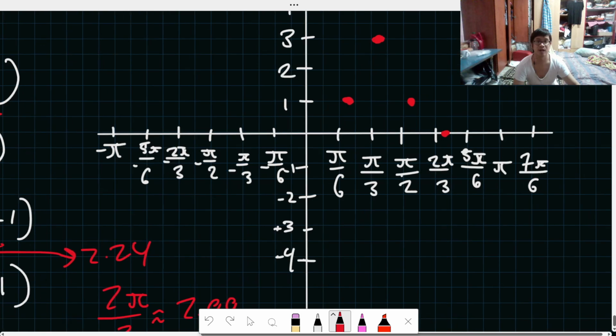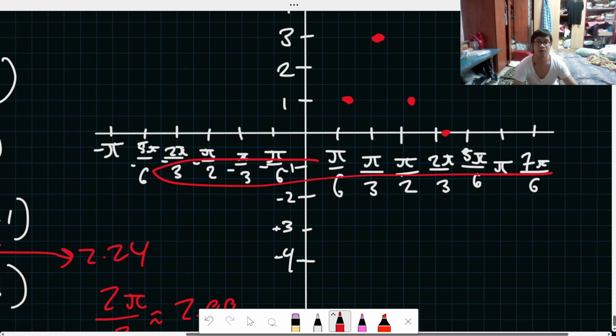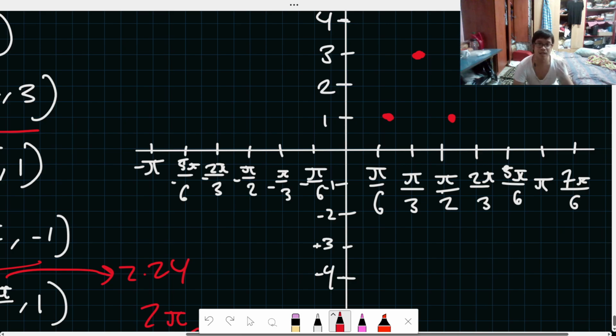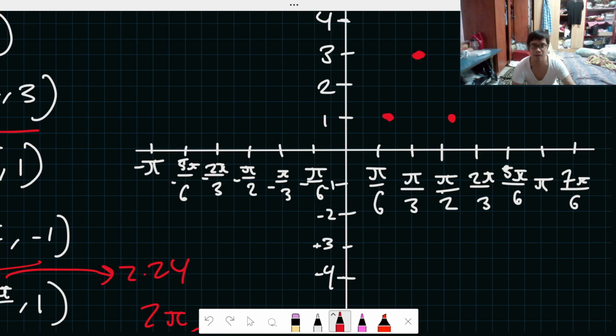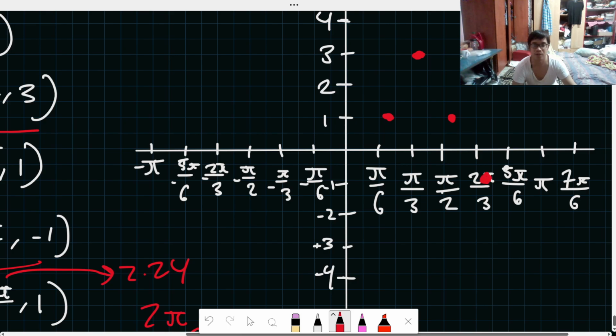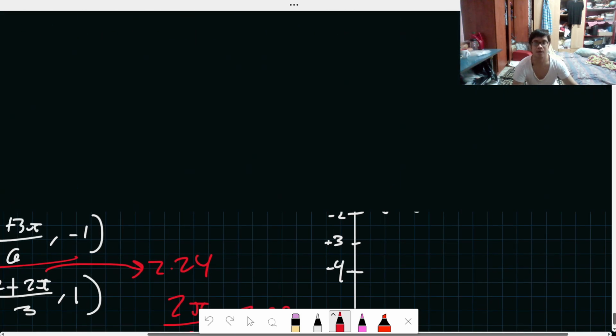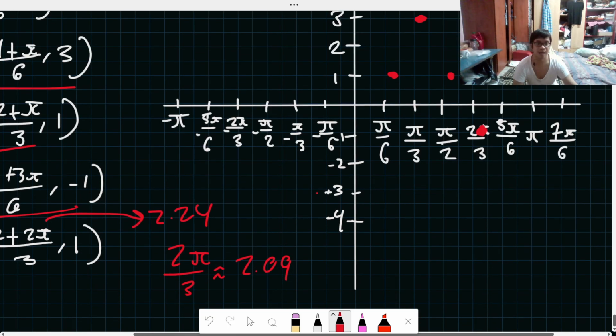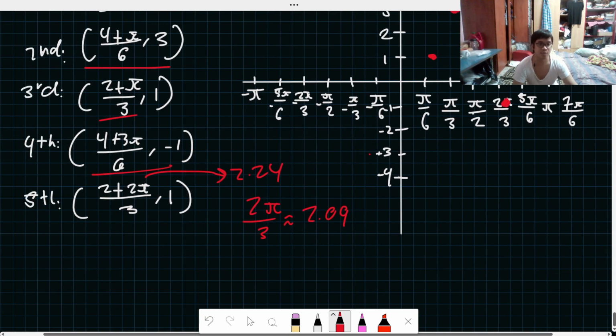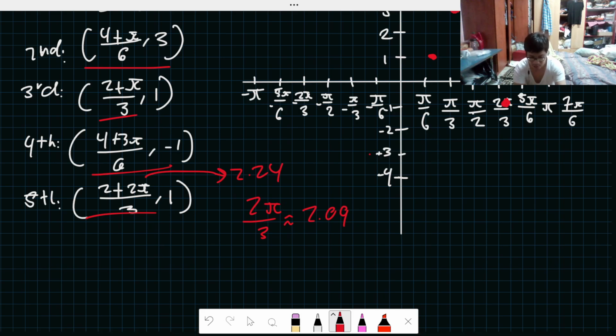Right? This is 2.24. Now, plot its y value. So we have -1. -1 is located here. So let's just say I'm gonna draw it here. That's it. And lastly, for your last key point, is 2 plus 2 pi all over 3.